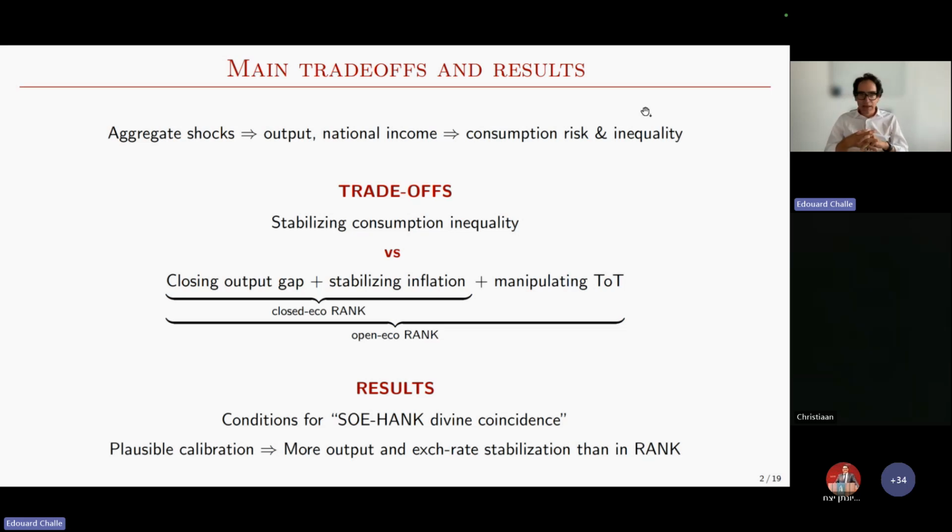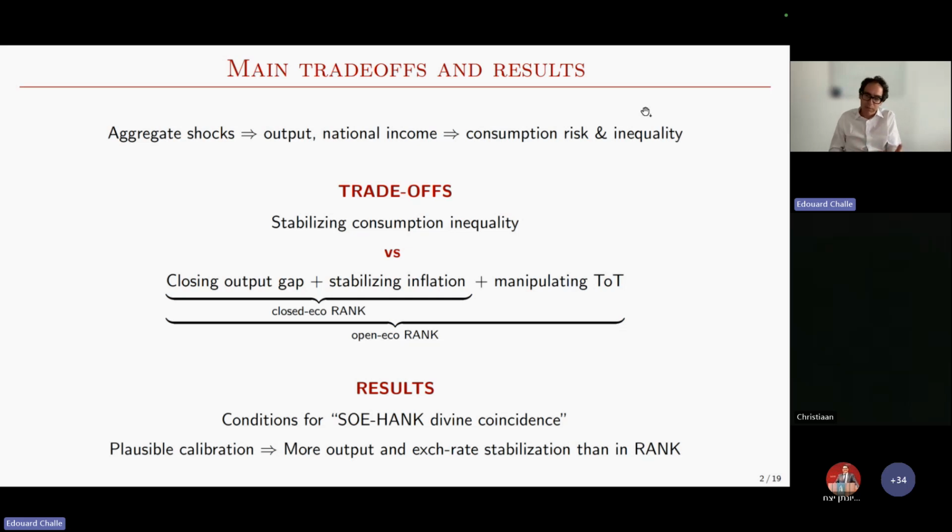So typically, domestic policymakers, by their macroeconomic policy, are going to affect the aggregate supply of home-produced goods. So they exert some sort of monopoly power on this supply, and they may want to play on it on average, and also in response to aggregate shocks.